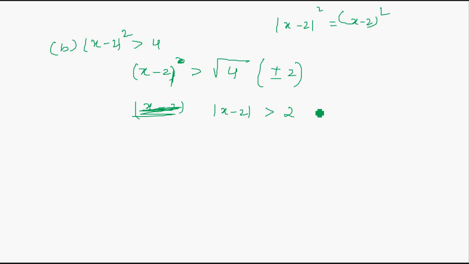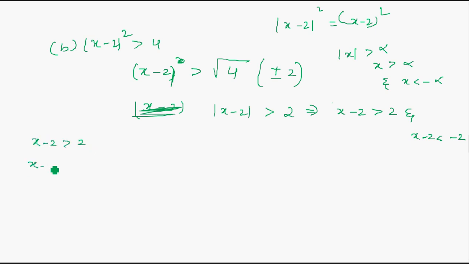So what will be the solution for this? When mod x is greater than alpha, what we said was the solution is x greater than alpha and x less than minus alpha. So here the solution will become x minus 2 greater than 2 and x minus 2 less than minus 2. So x minus 2 is greater than 2.